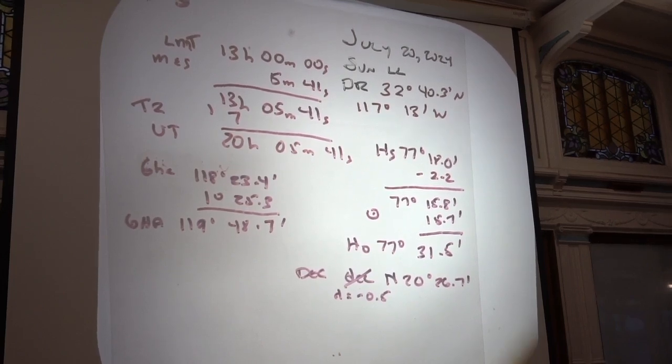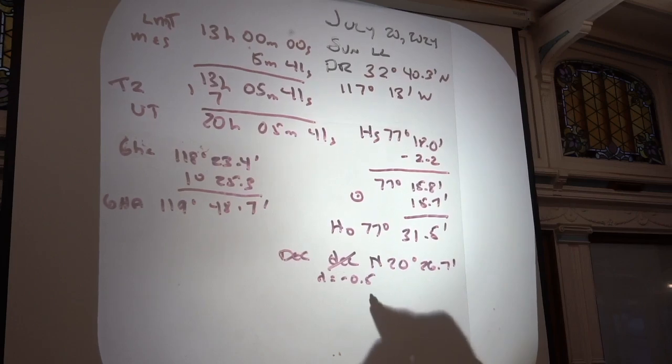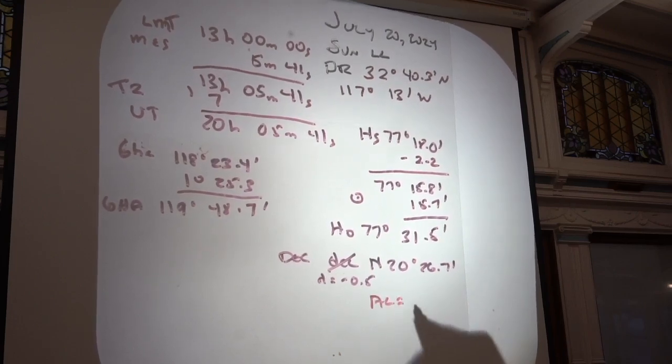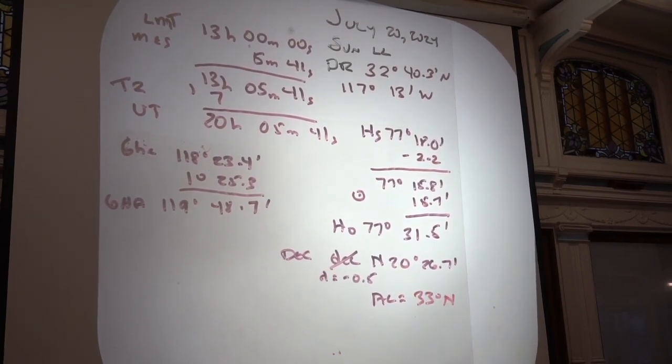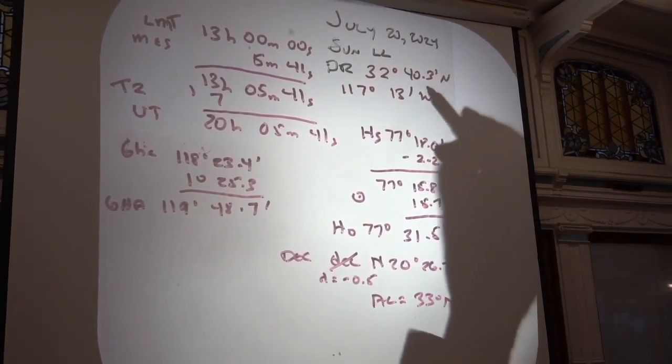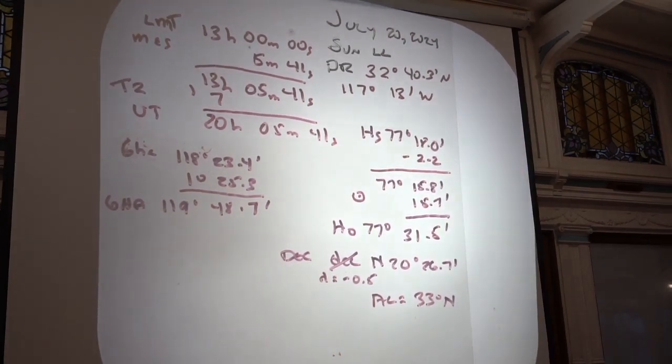Now, a minute ago I got ahead of myself. I had us pick the assumed latitude. Let's go ahead and do that now. So, I'll just write over here, AL equals 33 degrees north. Okay? Because that's the closest whole number latitude to 32 degrees, 40.3 minutes, which is where we think we are.